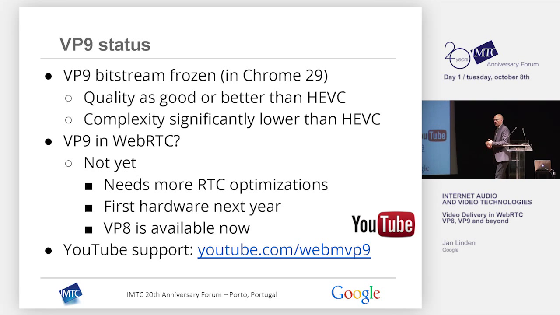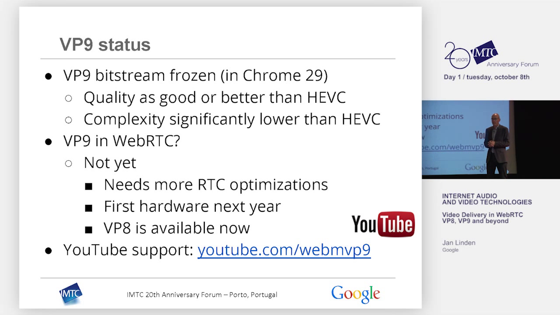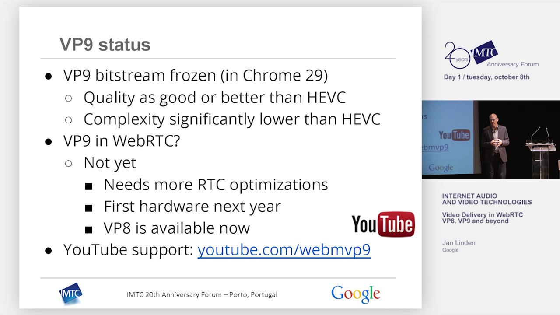The status is, as I said, in Chrome 29 we released VP9 and froze the bitstream. Quality from our measurements is very comparable to HEVC. Obviously, it depends on implementations, and there are few and far between them right now to compare with. Complexity is significantly lower, which we believe is a really important factor, with the growing interest in mobile devices.